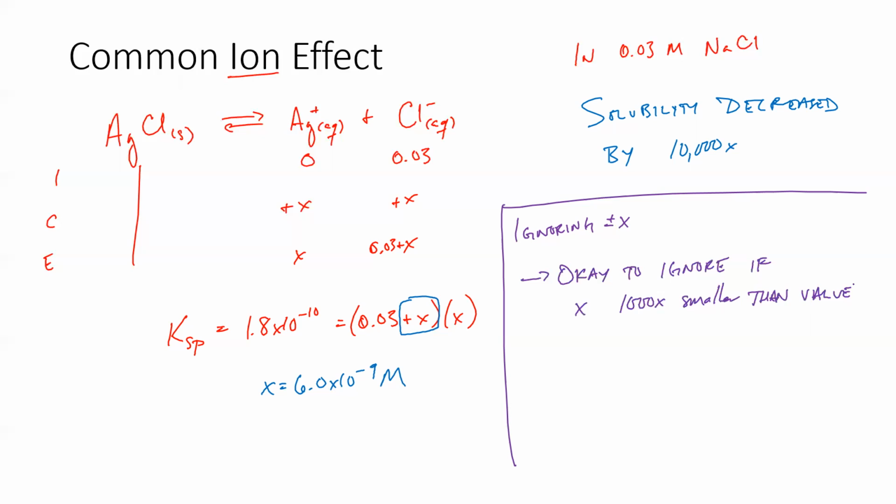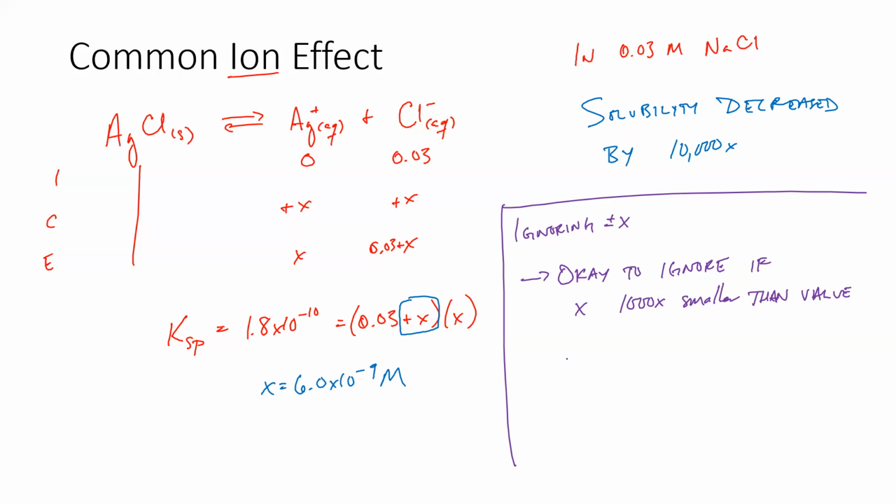So it has to be a pretty small change, 1,000 is 1/10 of 1%, right? That's sort of the cutoff. If it's more than that, then we want to go ahead and solve it, quadratic it, whatever. If it's less than that, we are okay ignoring it.